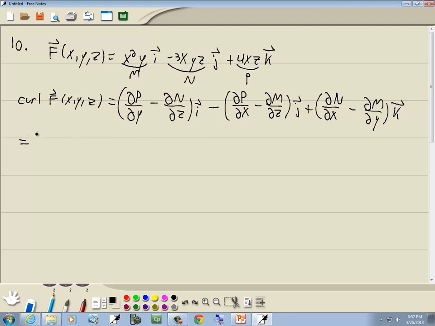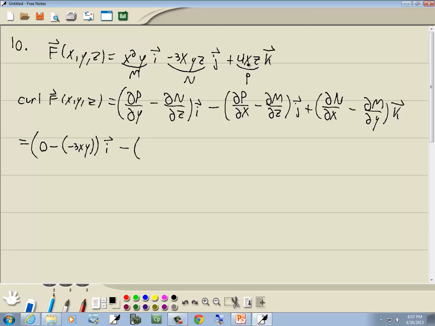Okay, so the partial of p with respect to y. Well, there is no y here, so the derivative of that would be 0, minus the partial of n with respect to z. Well, here we've got a z, and derivative of z is 1, so that drops away, so we get left with negative 3xy. And that'd be i. Okay, minus partial of p with respect to x.